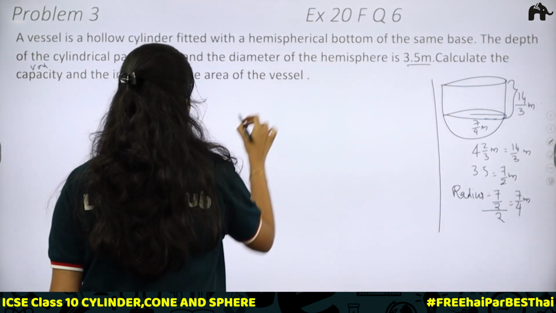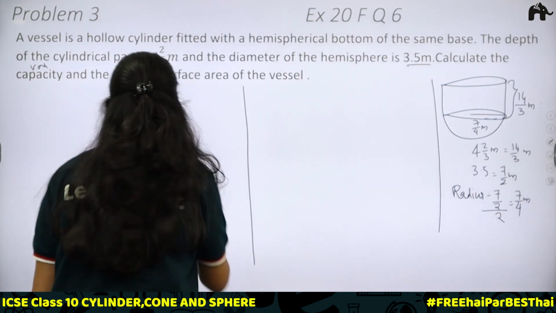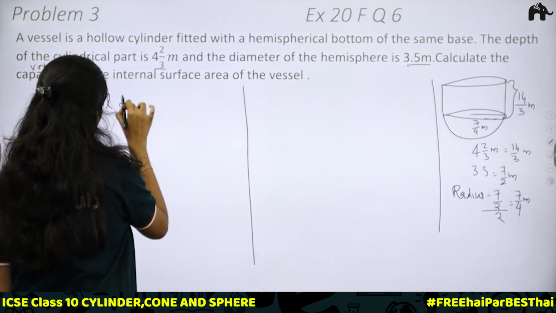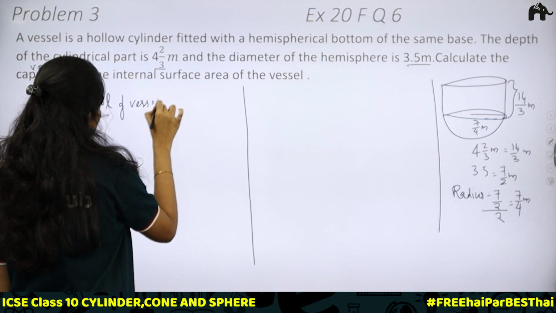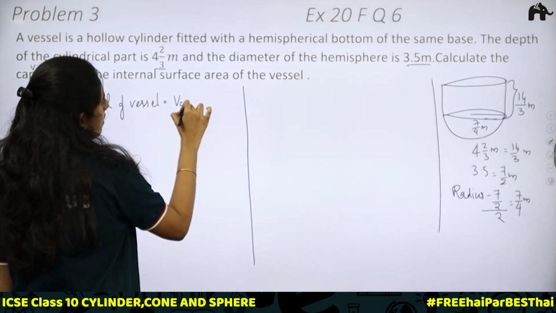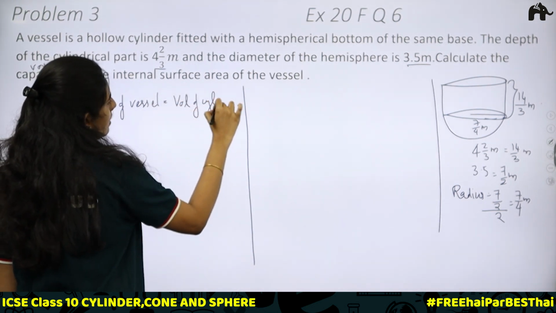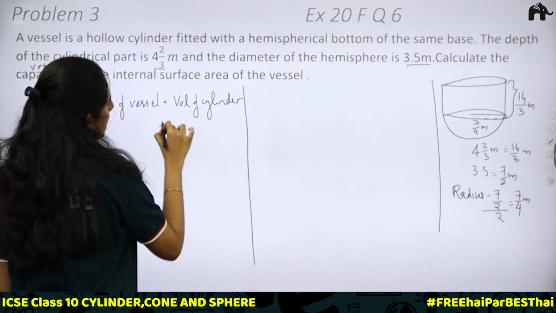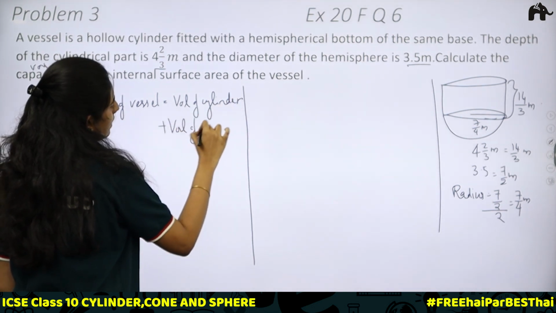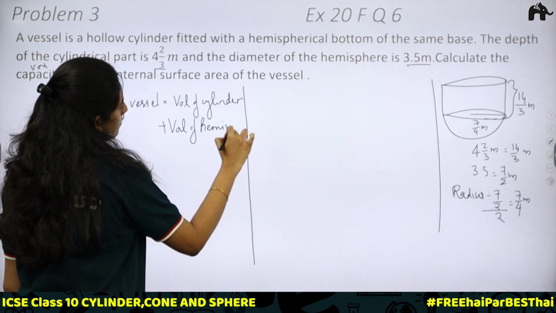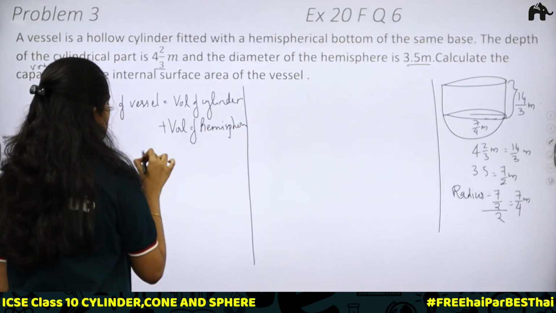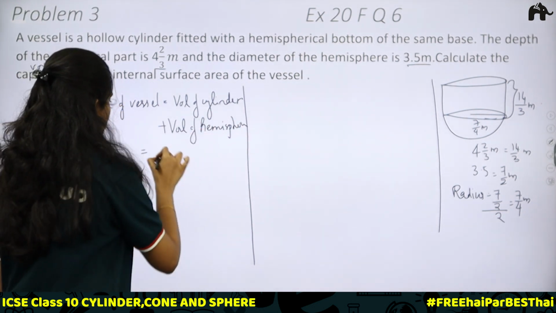First, we'll find the capacity, which means the volume. Volume of vessel is equal to volume of cylinder plus volume of hemisphere. What is the volume of cylinder? Pi r square h.